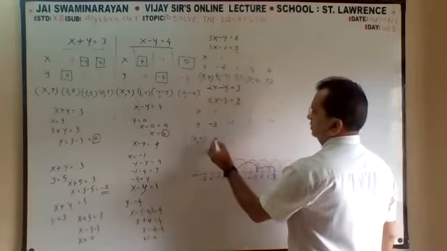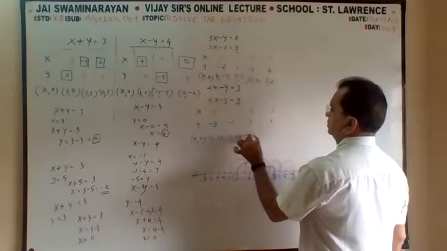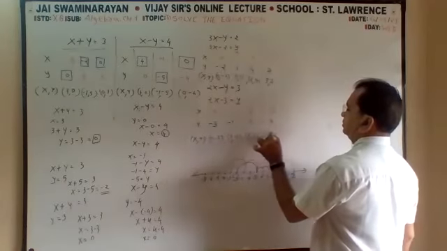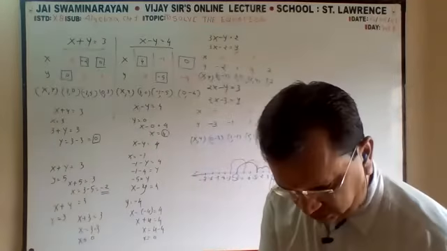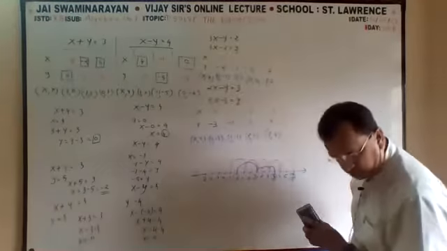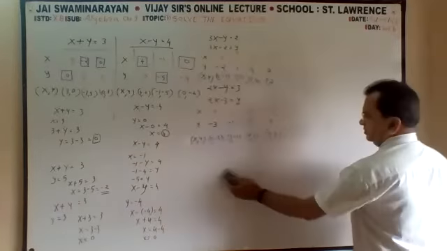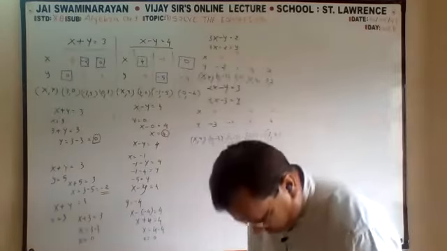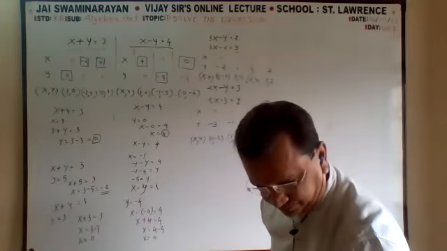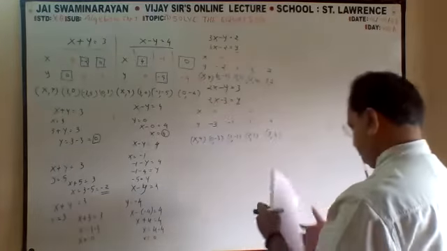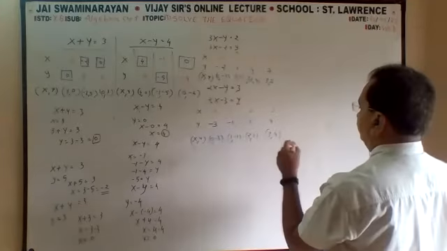Like that: 0 and -3, 1 and -1, 2 and 1, 3 and 4. Up to 4.